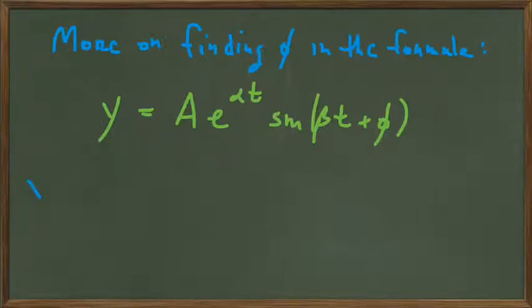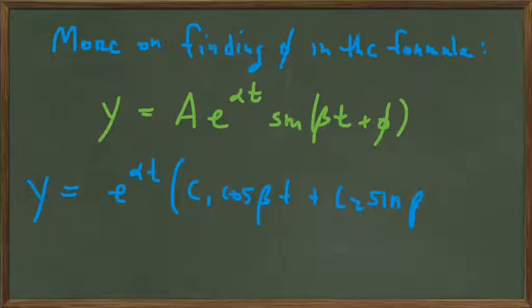You'll recall that when we get the solution to a differential equation of this type, it looks like e to the alpha t times (c1 cosine beta t plus c2 sine beta t). And we figured out how to get it into this alternate form using a trig identity.